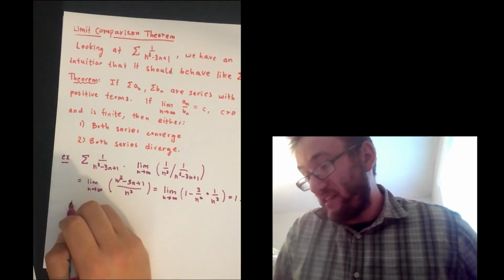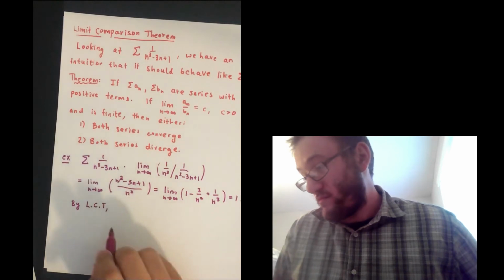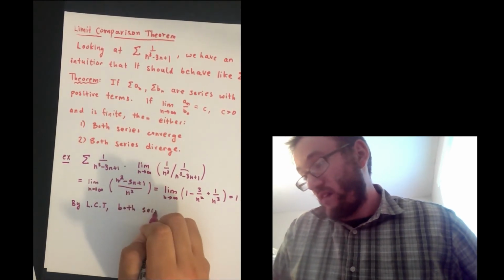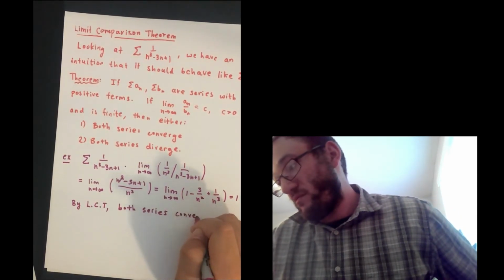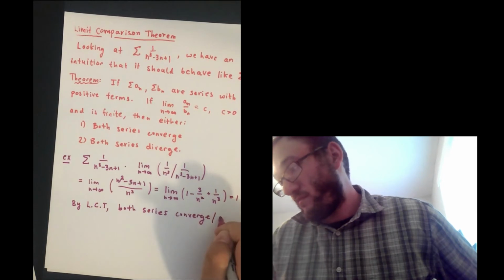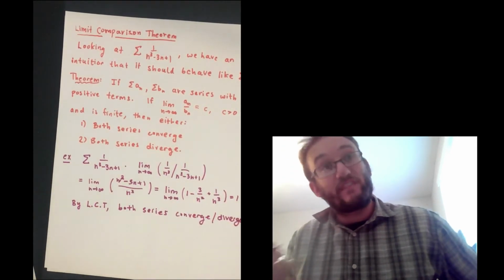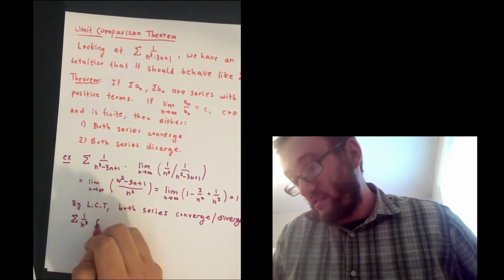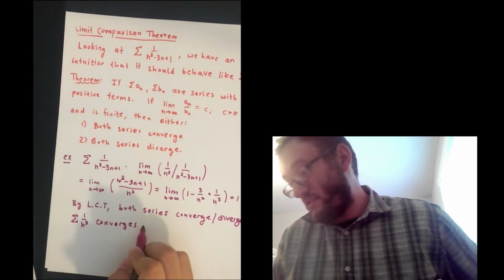So by the limit comparison test, both series either converge or diverge. But we know that the series 1 over n cubed converges because it's a convergent p-series.